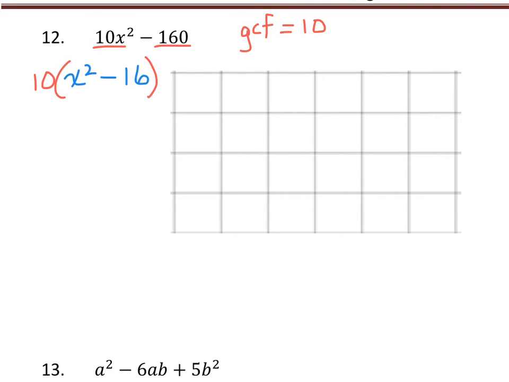And so the question becomes, does x squared minus 16 factor?